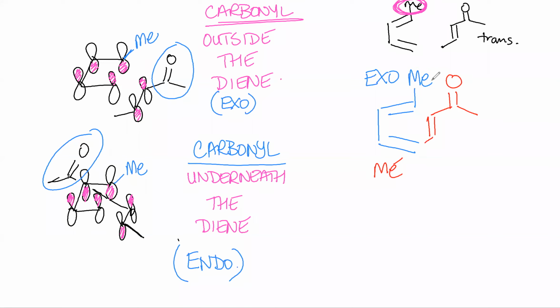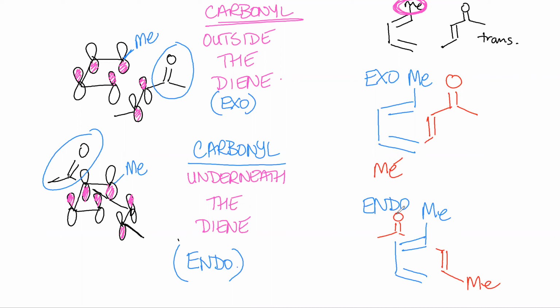That would be the exo transition state. And the endo transition state would be, the diene just stays exactly the same, but the dienophile changes its orientation. So now the carbonyl is underneath.